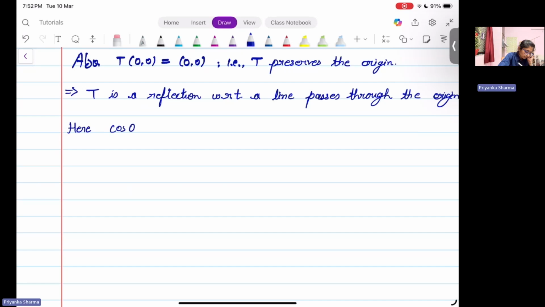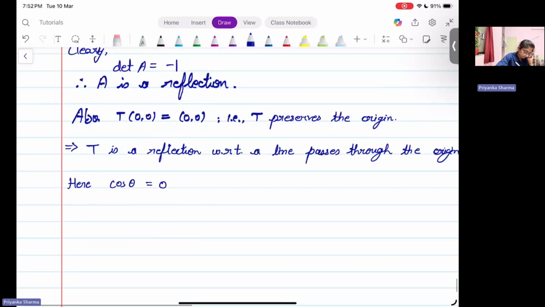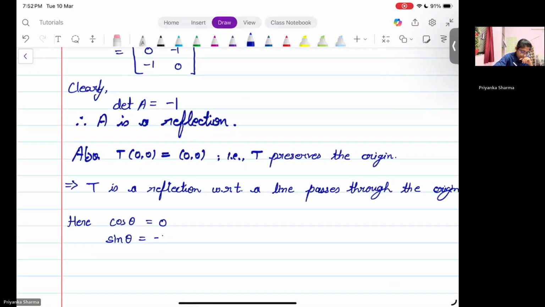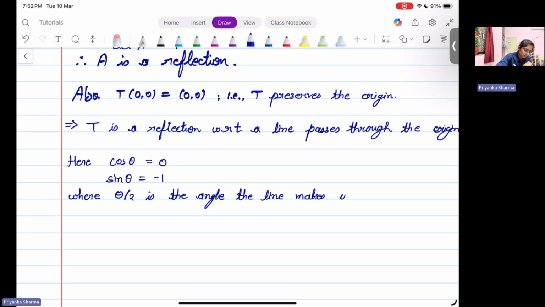Here cos theta is 0 and sin theta is minus 1, where theta by 2 is the angle the line makes with the x-axis.